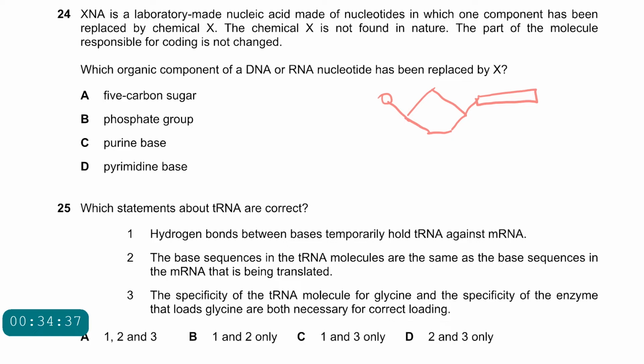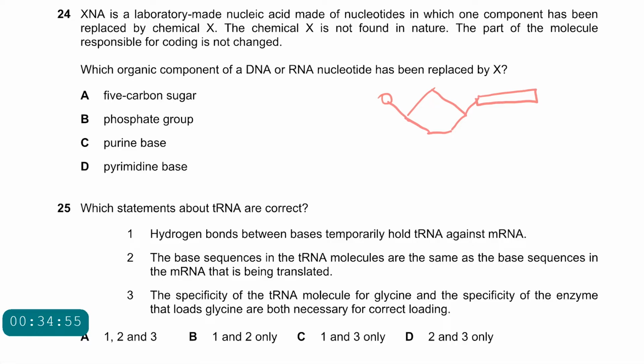XNA is a laboratory-made nucleic acid made of nucleotides in which one component has been replaced by a chemical X. The chemical X is not found in nature. The part of the molecule responsible for coding is not changed. Which organic component of a DNA or RNA nucleotide has been replaced by X?